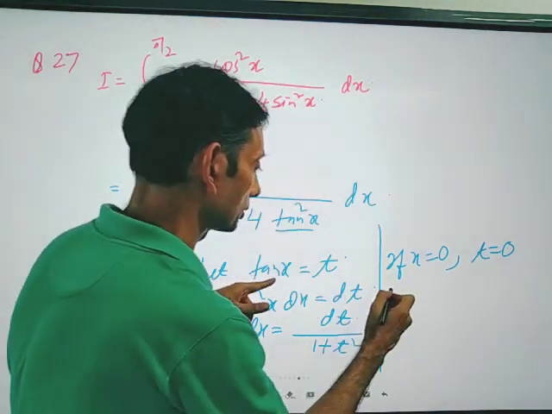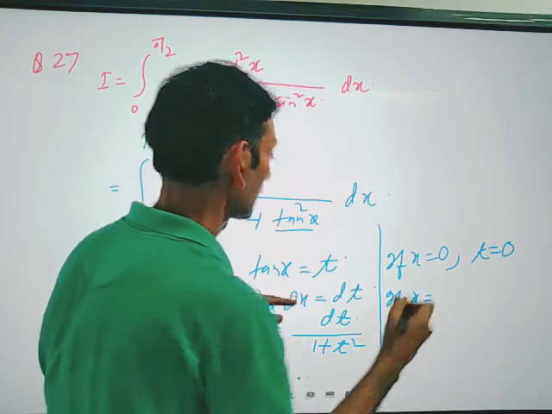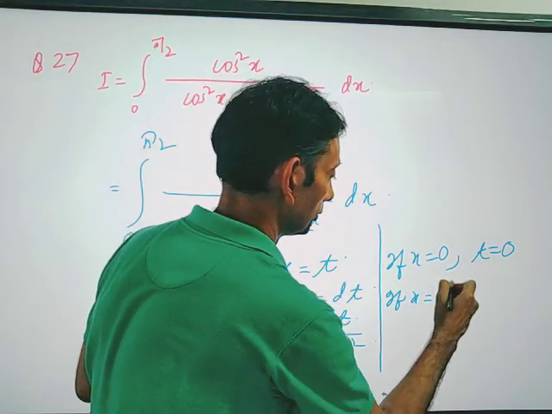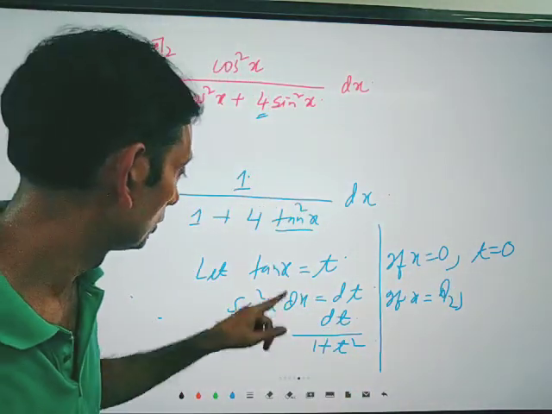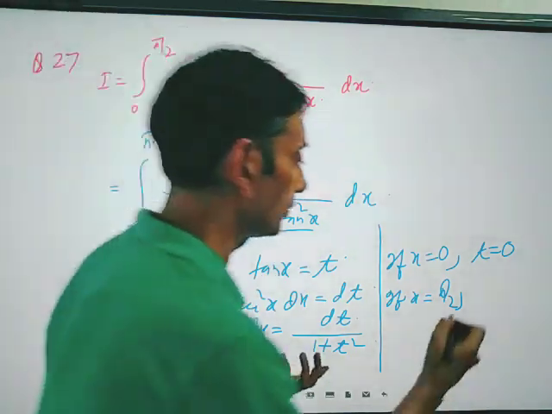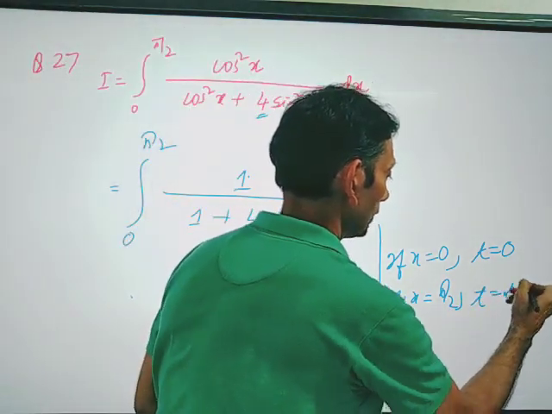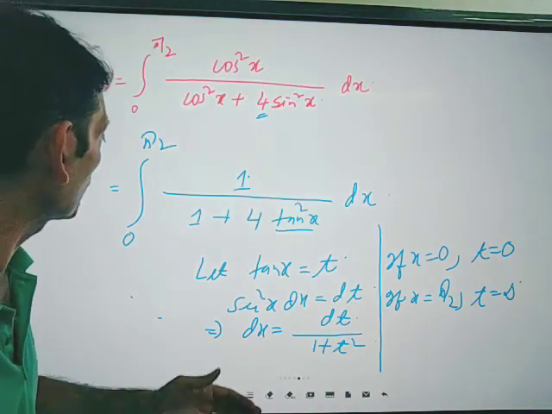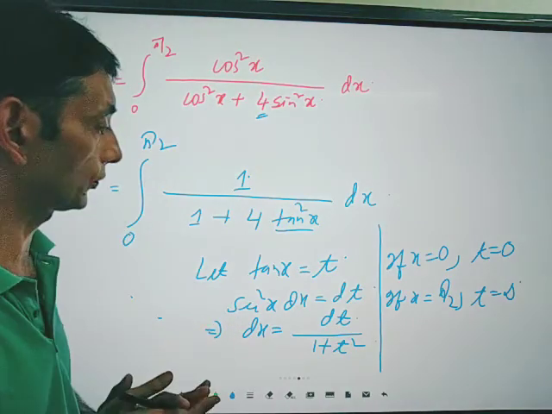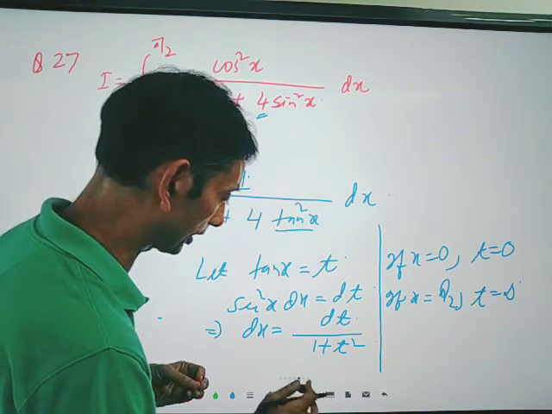Now if x equals pi by 2, tan pi by 2 is infinity, so t is equal to infinity. Therefore the limit goes from 0 to infinity. Okay, so let us continue.